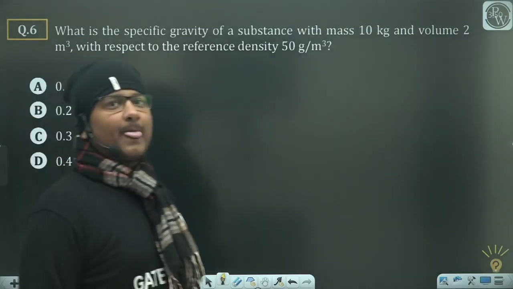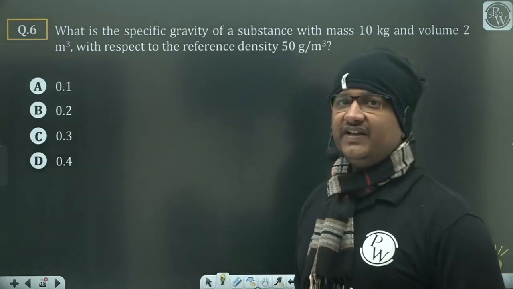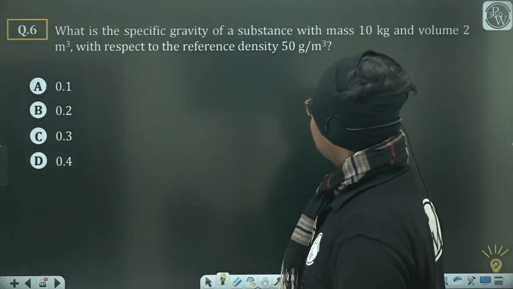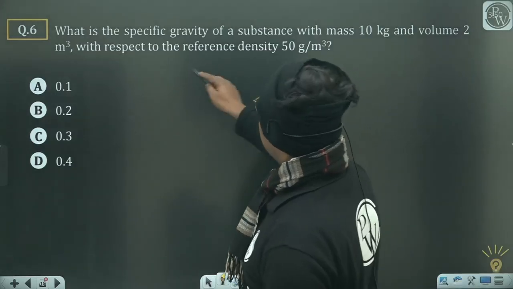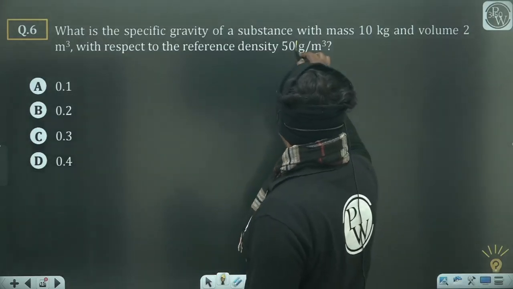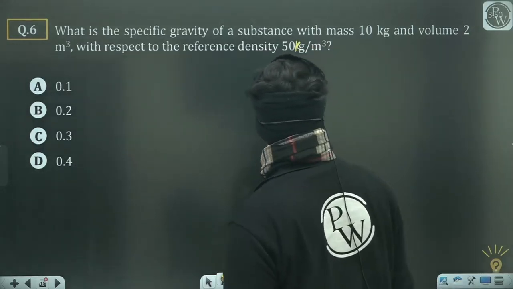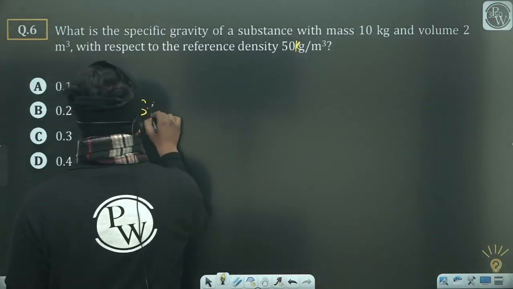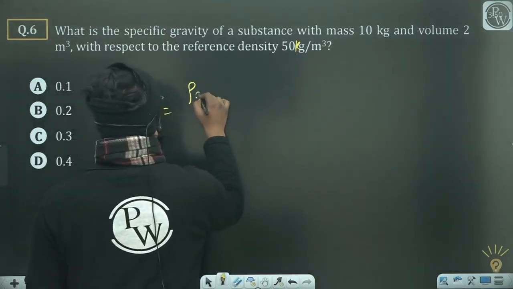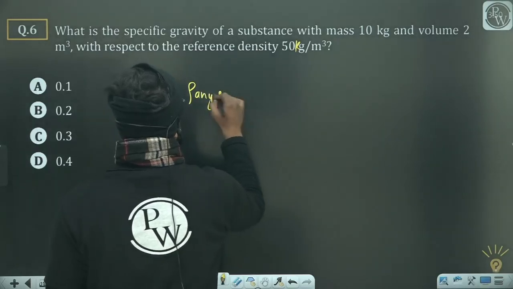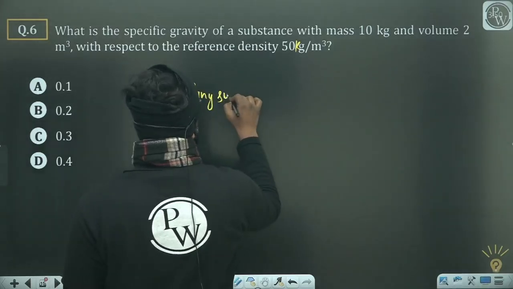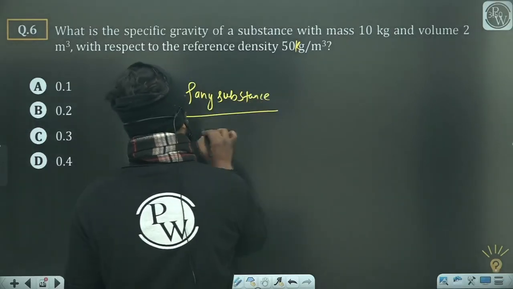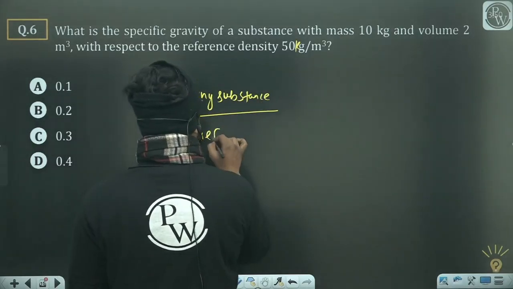Next question. They are asking what is the specific gravity of a substance with mass 10 kg and volume 2 meter cube, with respect to the reference density. It is 50 kg, it's a typing error. It's 50 kg per meter cube. Now you all know that finding a specific gravity is not difficult. Density of any substance divided by density of reference substance.